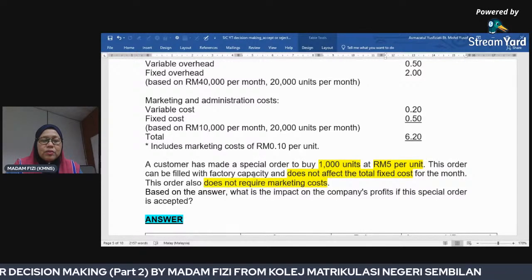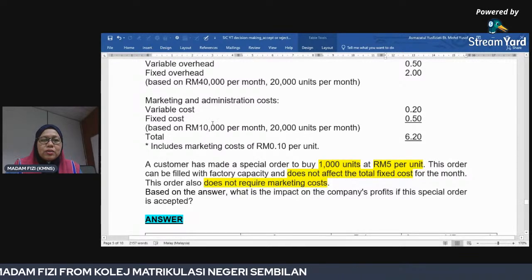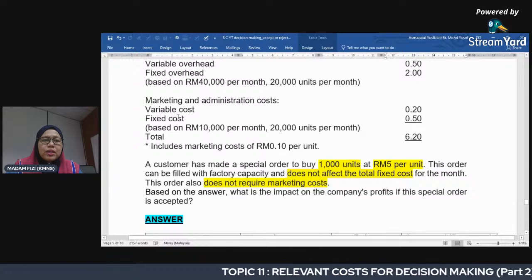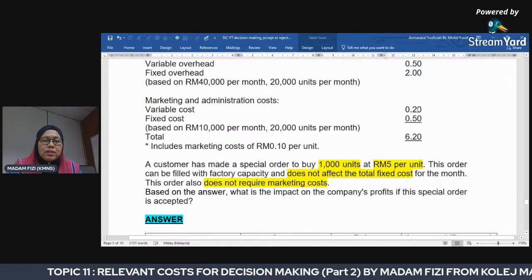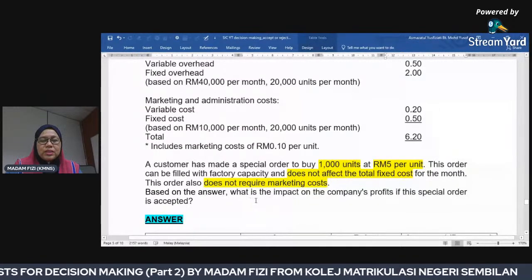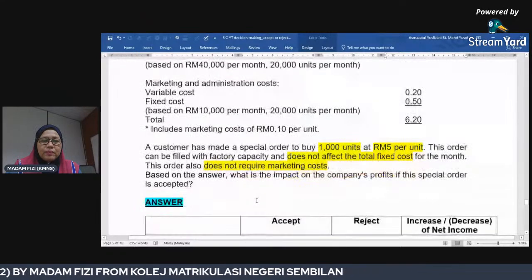This order also does not require marketing cost. So you look at the marketing cost here, it is 10 cent per unit. If we do the special order, the variable cost becomes 20 cent minus 10 cent equals 10 cent. Based on the answer, what is the impact on the company profit if this special order is accepted?